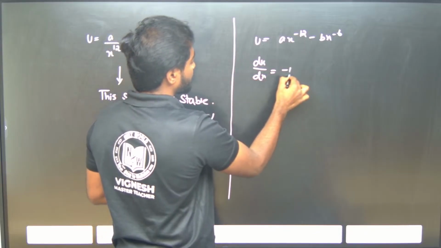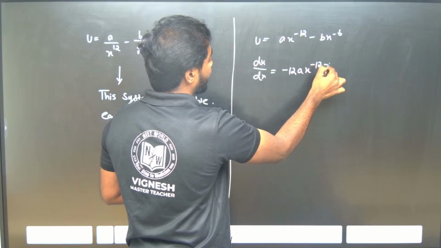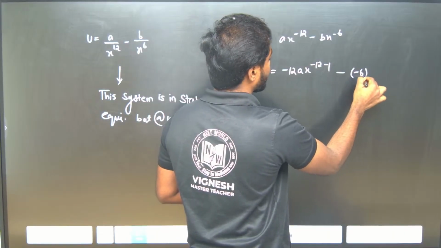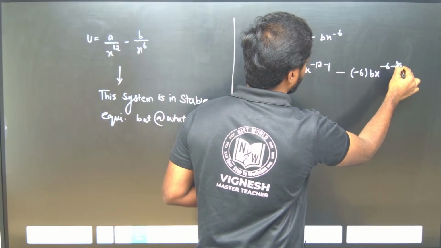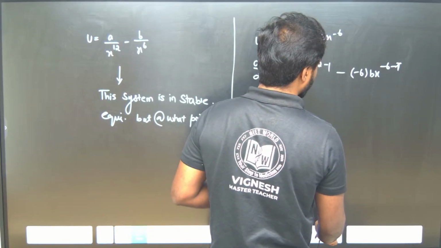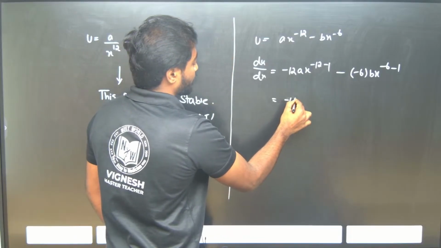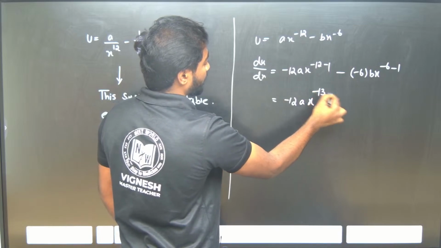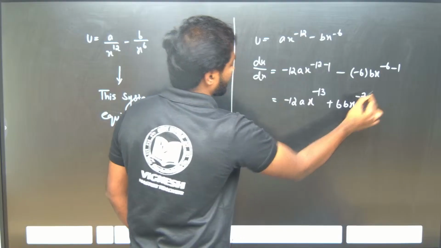So minus 12 A into x power minus 12 minus 1, minus of minus 6 into B into x power minus 6 minus 1. So minus 12 into A into x power minus 13 plus 6B x power minus 7.